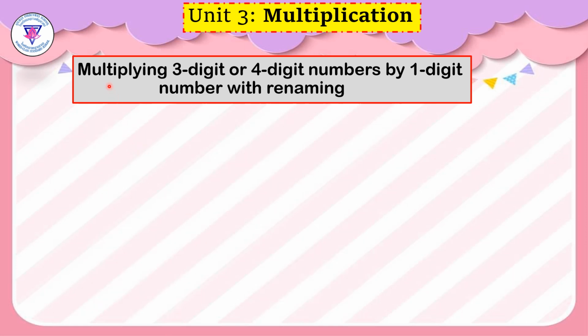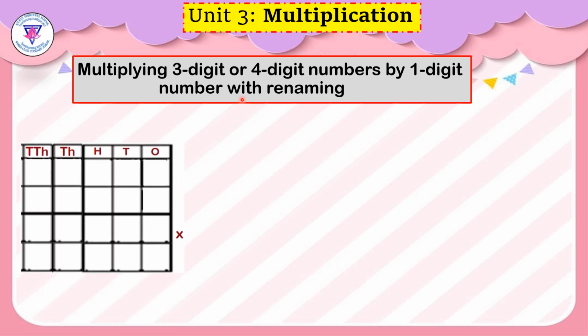Let's try multiplying 3 digit or 4 digit numbers by a 1 digit number with renaming. When we say with renaming, you are going to carry numbers. Let's try this example. As you can see, there are 4 digit numbers, right?